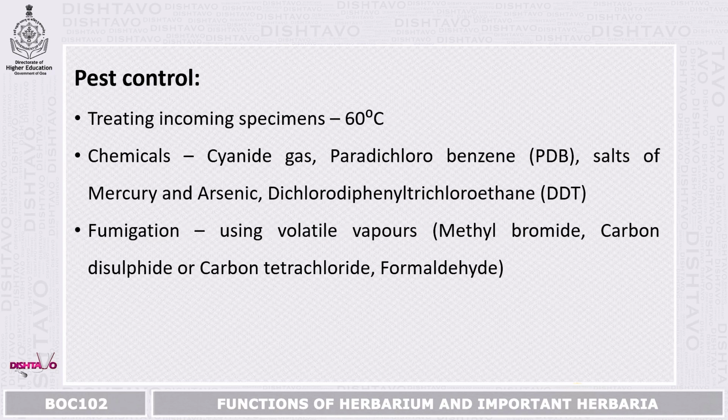Chemicals such as cyanide gas, PDB, DDT, or salts of mercury and arsenic are used for keeping a check on pests in the herbarium. Apart from that, a widely employed method to keep a check on pests in the herbarium is the fumigation method, wherein you use volatile vapors for killing the pests which are present in the herbarium.